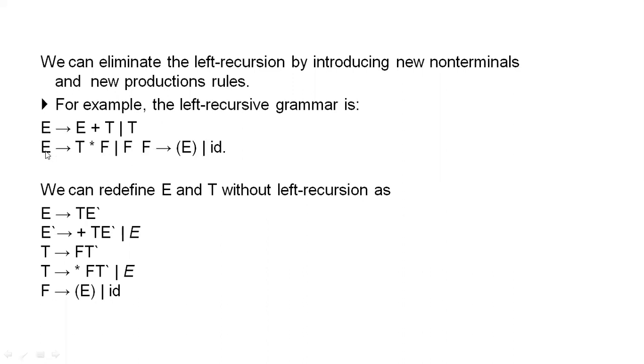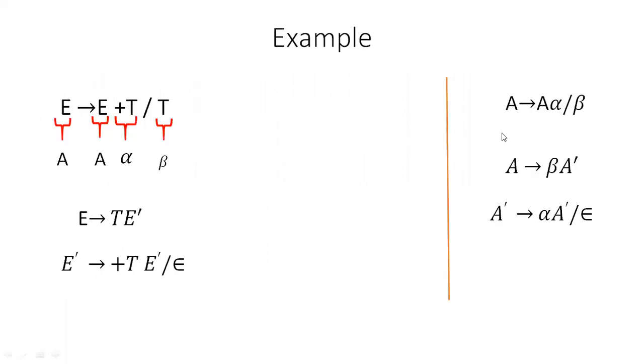Here in the place of this E you use T: T tends to T star F. Note down this grammar and do the elimination process by using this syntax and the modified rules of this grammar. Then you can clearly understand.